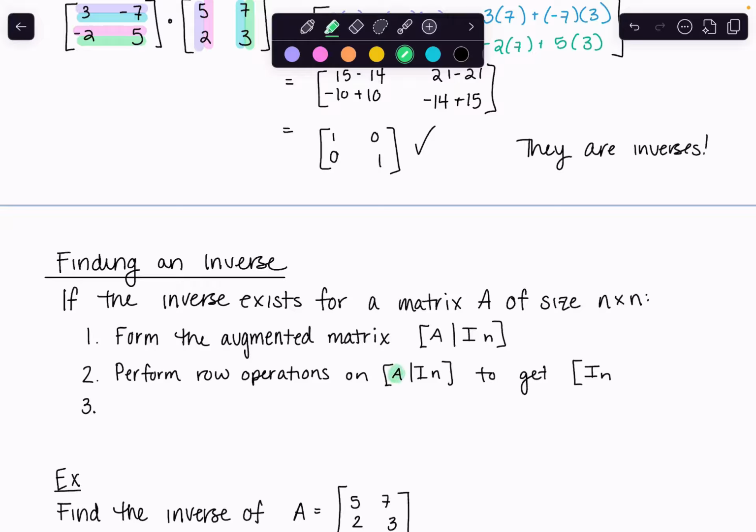So we're turning this one into the identity. But you're doing those row operations on the identity matrix simultaneously, so you'll end up with something else on the other side. So essentially, the identity matrix is exactly that reduced row echelon form that we used for solving a system. So you can think of it that way as well.